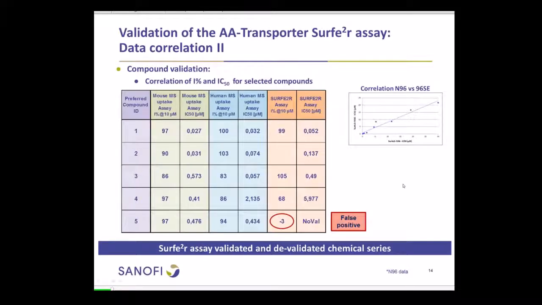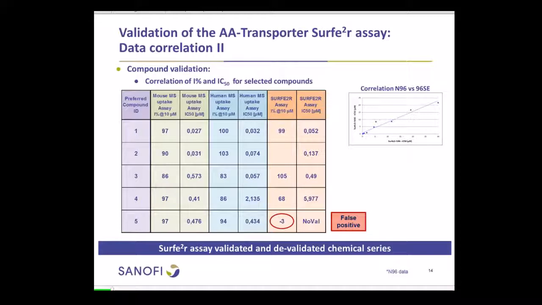This just shows you 5 examples of some compounds with the data in several assays. Nevertheless, we found with the SURFE that some compounds which are active in the membrane potential fluorescence-based assay and the mass spec assay were not active in the SURFE assay.